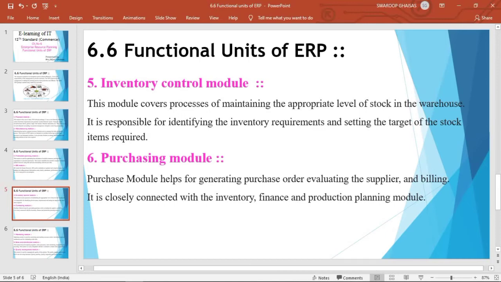It is closely connected with the inventory, finance and production planning module. So this purchasing module is concerned with generating the purchase orders. It concerns with the supplier, it generates the bill. So it is connected with the finance department, inventory department and production department as well.